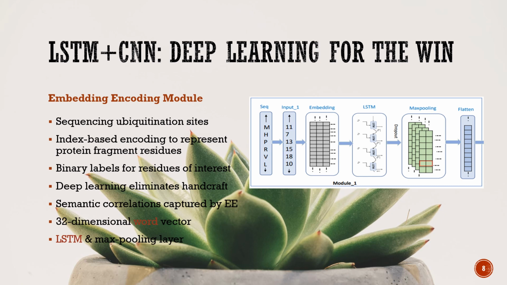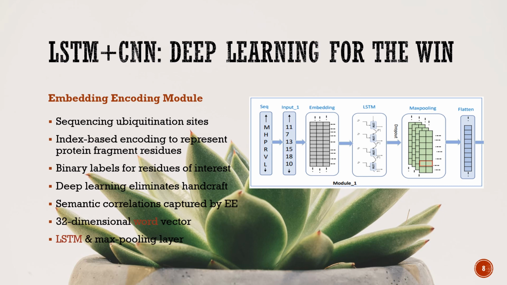So the semantic correlations are being captured by this embedding encoding schematic that they've figured out by basically keeping everything in layered sequences, so that they could track which connections are all together and most important. So we'll get into that a little bit more with the next module.